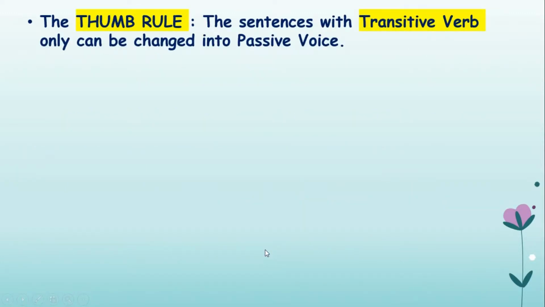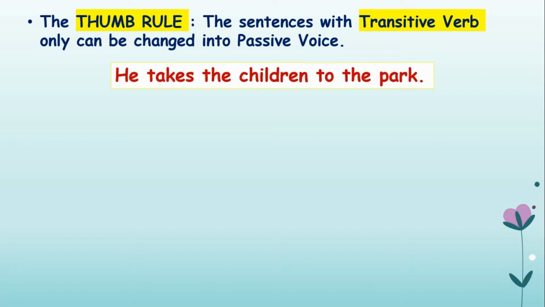The thumb rule: the sentences with a transitive verb only can be changed into passive voice. Very important rule. He takes the children to the park.